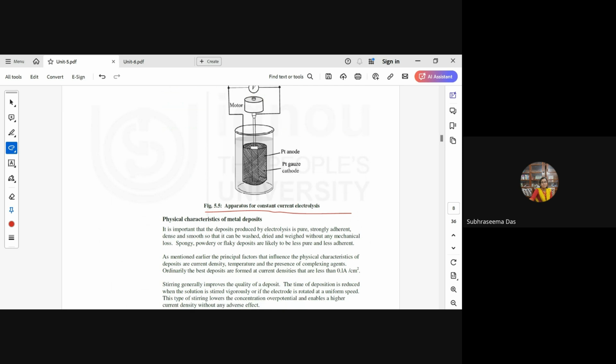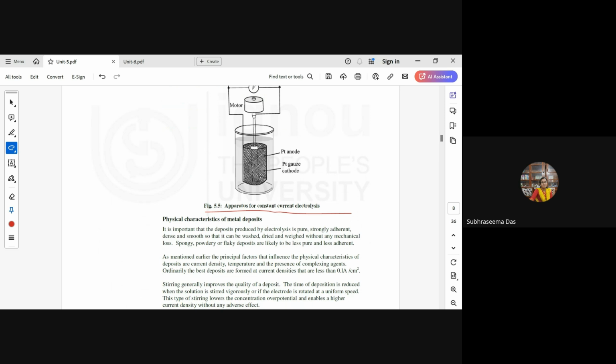Now, the physical characteristics of the metal deposits by this process. It is always important that the deposits by electrolysis are pure in nature, strong and smooth, so that they can be used without any mechanical loss. Very spongy or powdery deposits are likely to be less pure, and they are also not very desirable in our day-to-day lives.